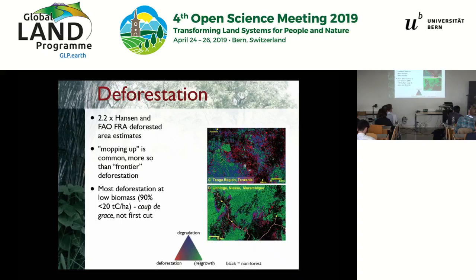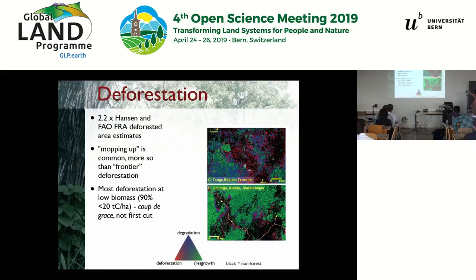It's just tiny little pockets of trees in already quite transformed landscapes. And this method seems to pick those up in a way that the Hansen product, for instance, does not. And actually, that's the dominant mode of deforestation in the region. It isn't this kind of almost Amazonian-style frontier deforestation along the roads. It's very small shifts in the tree cover across quite complicated landscapes.